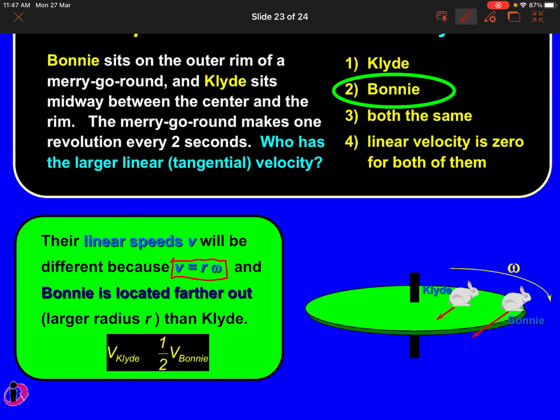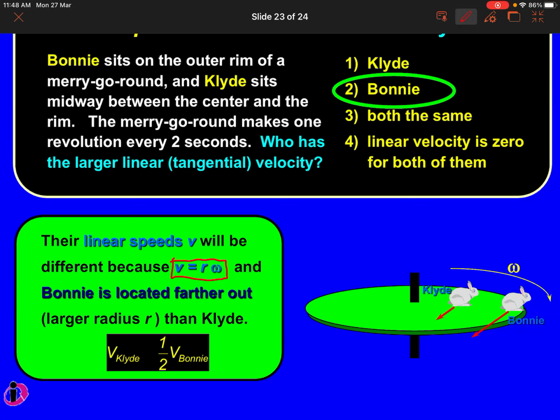Their angular velocity is the same because at each point the change in angle is the same as they rotate together, but Bonnie, being at the outer part, will feel a different linear speed. Isn't it the case that when you stand in the middle of a merry-go-round, it's as if you're not going around, but if you're standing outside, then you will feel how much you're going around.